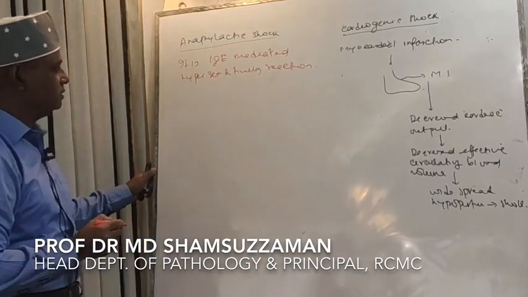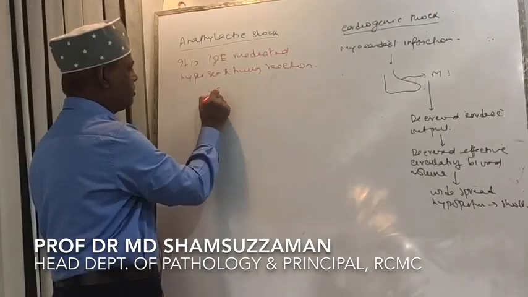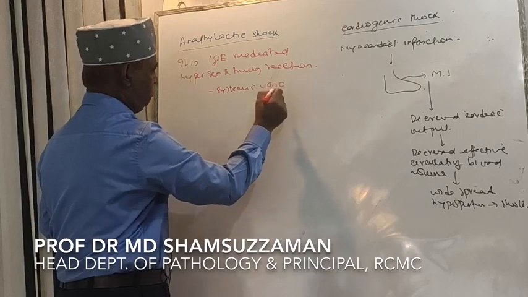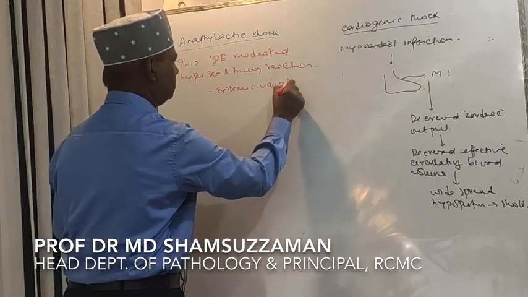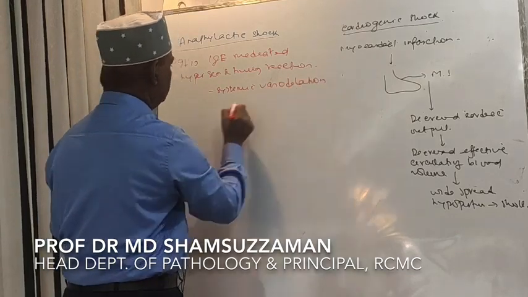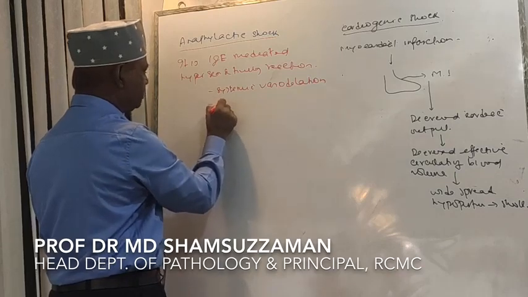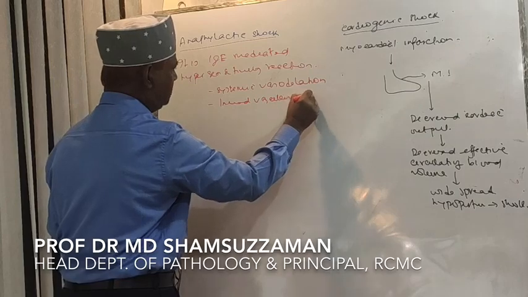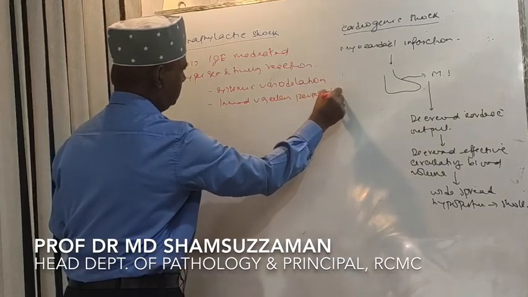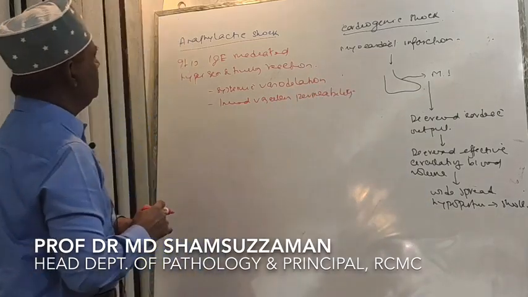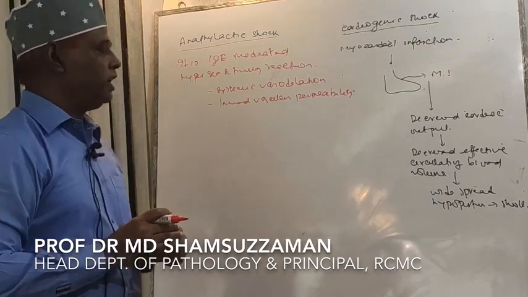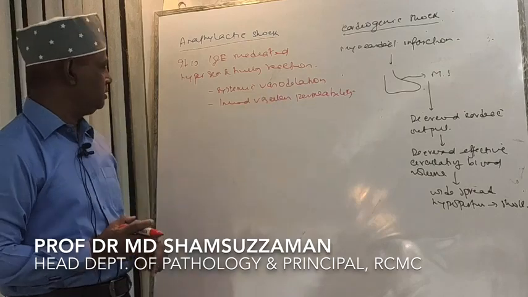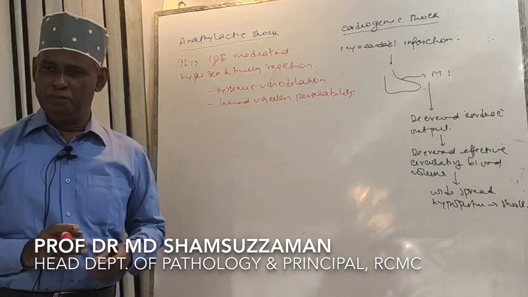What happens here? One is systemic vasodilatation, another is increased vascular permeability. So in IgE mediated hypersensitivity reaction, there occurs systemic vasodilatation and increased vascular permeability.